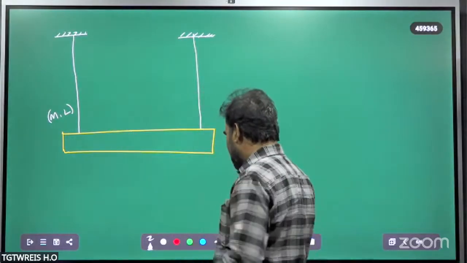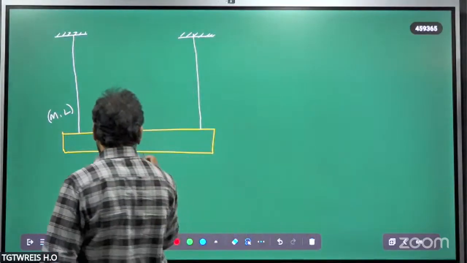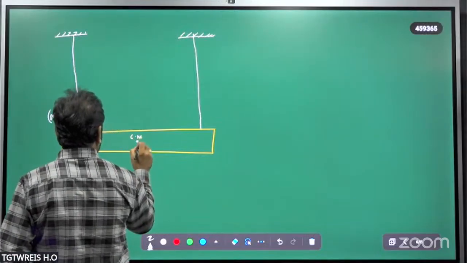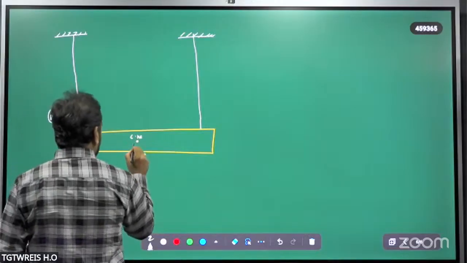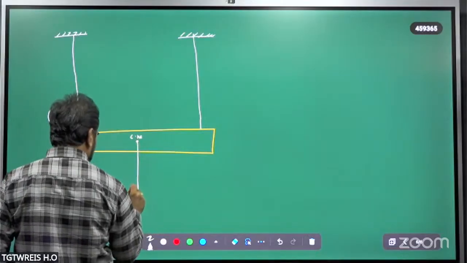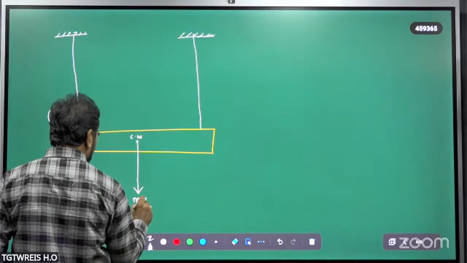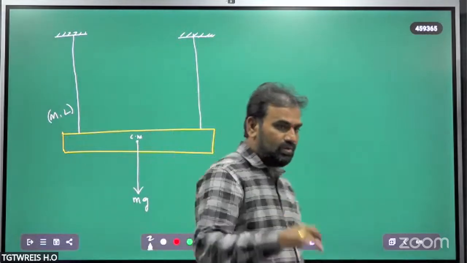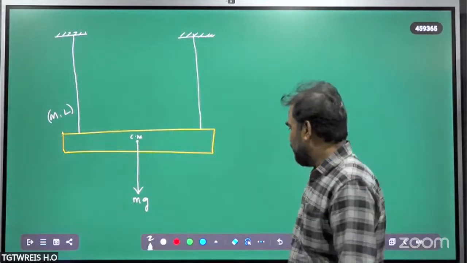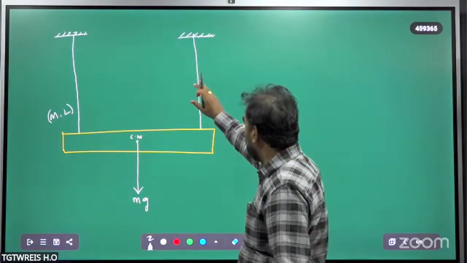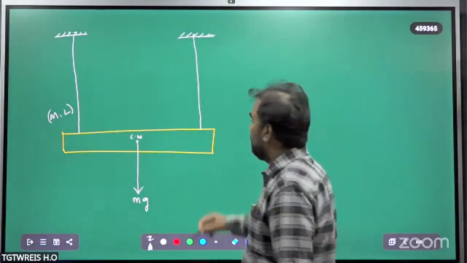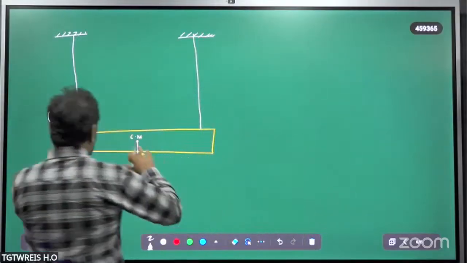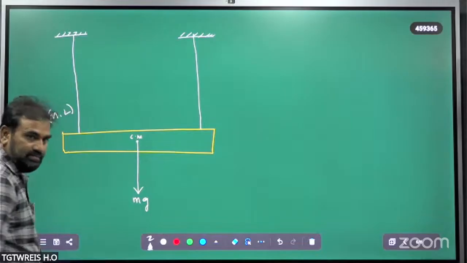So its total mass is concentrated at the center point. The total mass of the rod is concentrated at the center. This is called the center of mass. From the center of mass, its total weight acts in the downward direction, that is mg. The question was: when one string is cut off, the rod would be rotating like this.